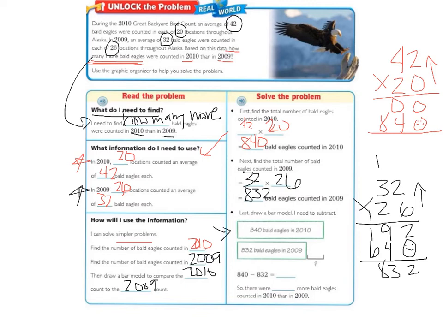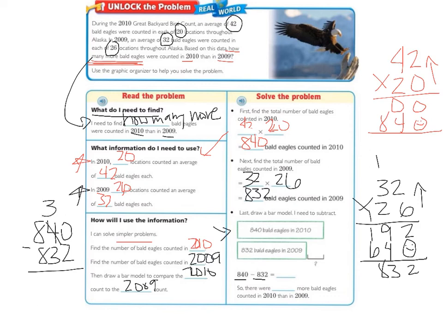And now we need to know how many more, which tells me I need to subtract. So I'm going to do 840 minus 832. Well, if I have 0, I can't take away 2, so I need to borrow.